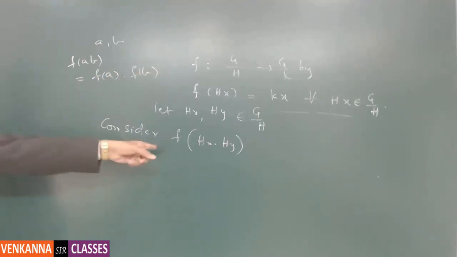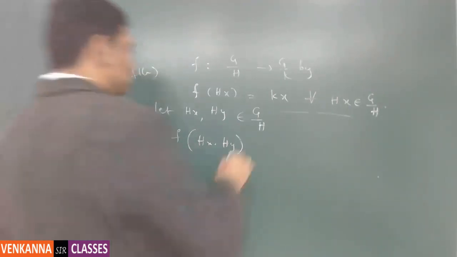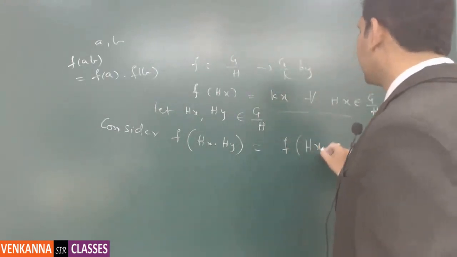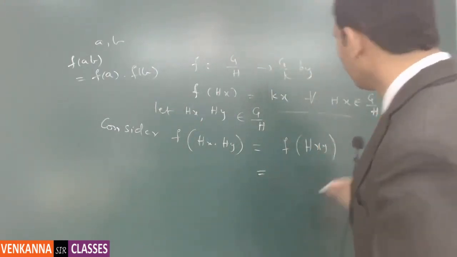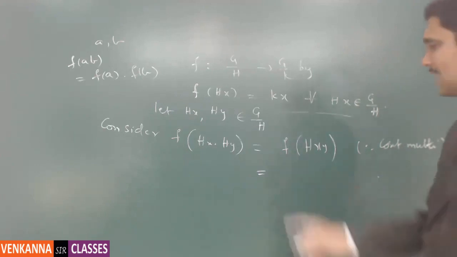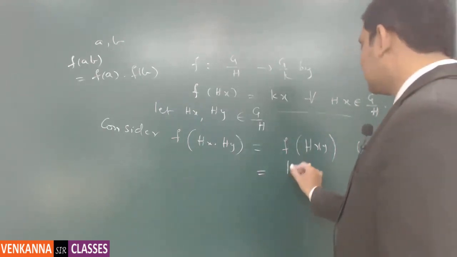A similar pattern I am following here. So as per coset multiplication, this is f of Hxy. And as per the definition of f, you can write it as Kxy.